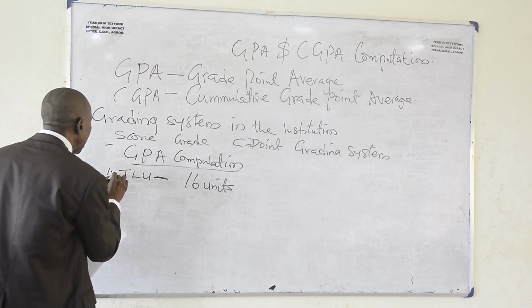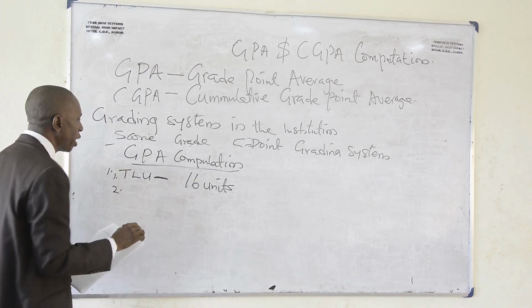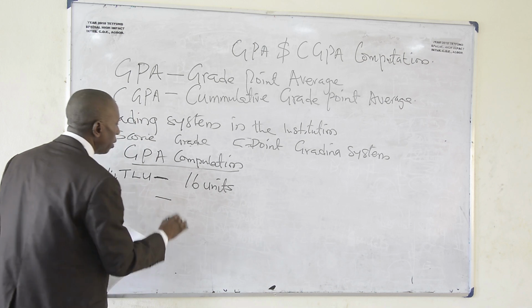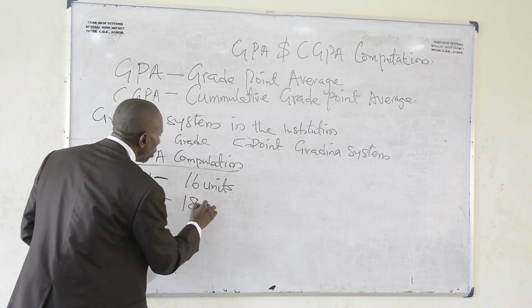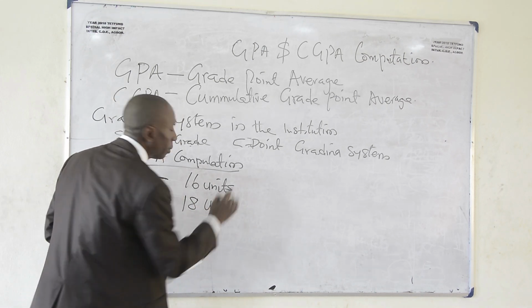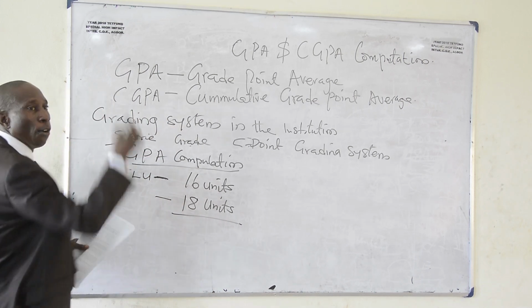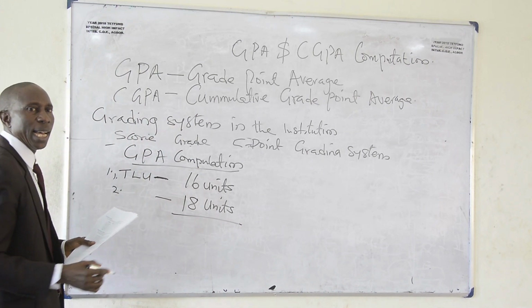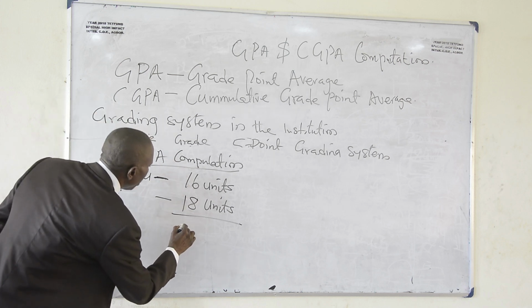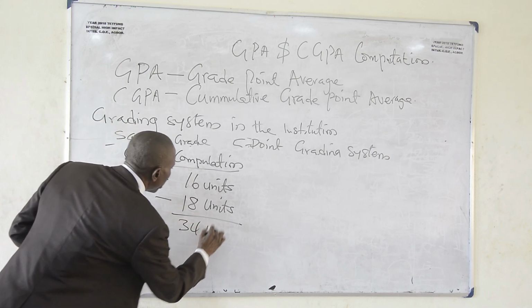This could be your first semester, and the second semester you have 18 units. It means that the total load units for that session is 34 units.